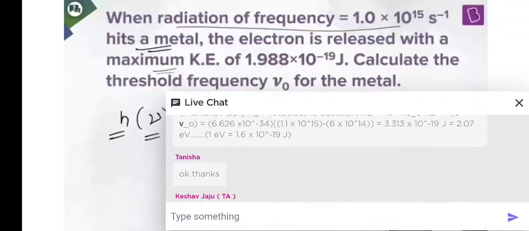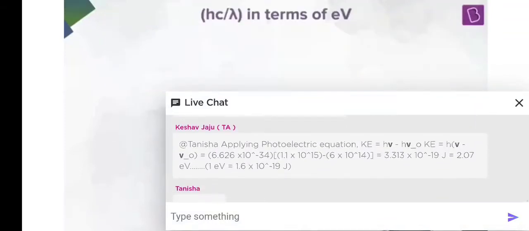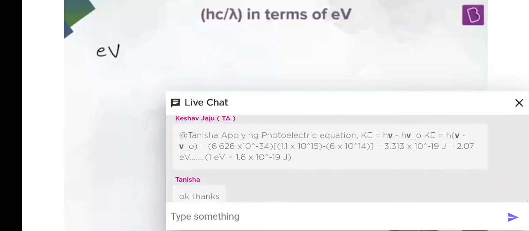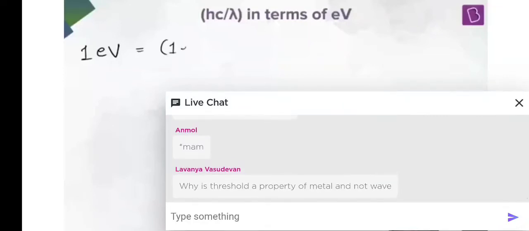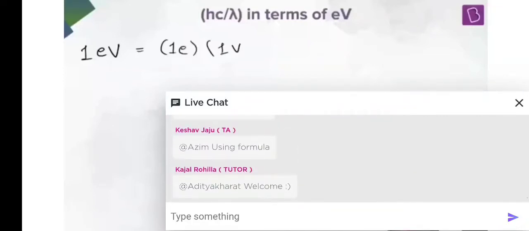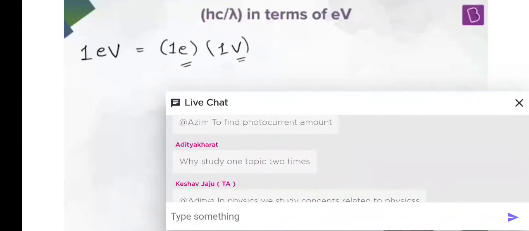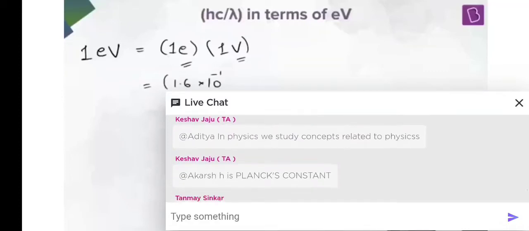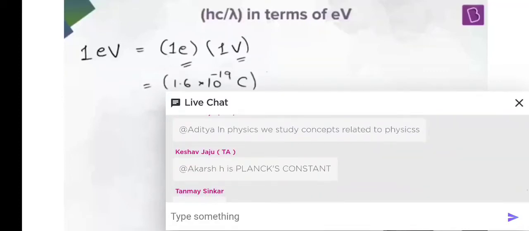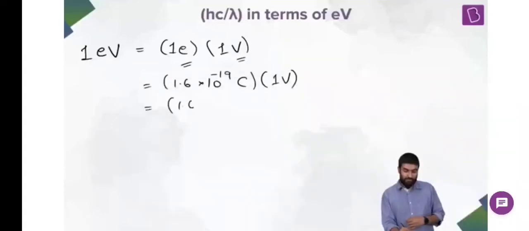All right. So there is one more unit of energy that we need to consider now, that is eV. 1 eV can actually be written as 1 e multiplied by 1 V, where this V is the volts and this e is basically 1.6 into 10 to the power minus 19 coulombs, and this is 1 V. Now what I'm going to do is take this number alone and take the coulombs over there.